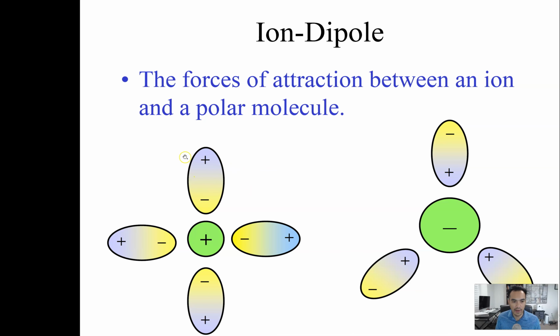So for example, these are going to be polar, because you have that unequal distribution of charges. So another force that we talk about is that charge between those dipole molecules. If we put a positive charge in between these dipoles, they're going to be attracted to the negative side. Similarly, on the negative side, you are going to be attracted to the positive side. So that's going to be a force of attraction that's going to occur between different molecules.